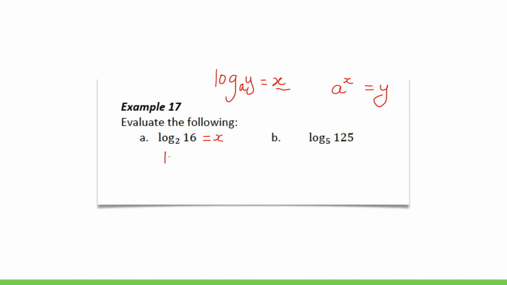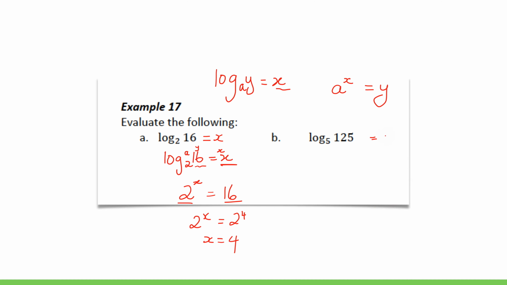So here I've got log base 2 of 16 is equal to x. Well, that's my a here, this is the y, and that's the x. So I can rewrite this as 2 to the power of x, so 2 to the power of the answer will give me that inside number. Now I know that 16 can be rewritten as 2 to the power of 4, so again trying to match the bases, and therefore x will equal 4.